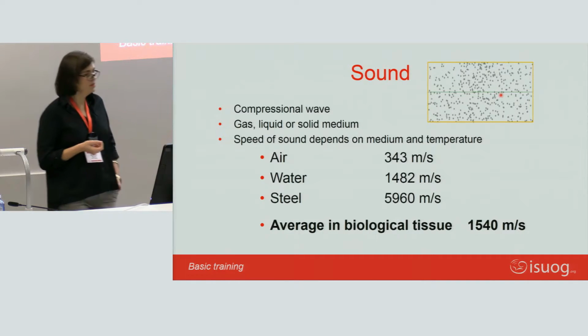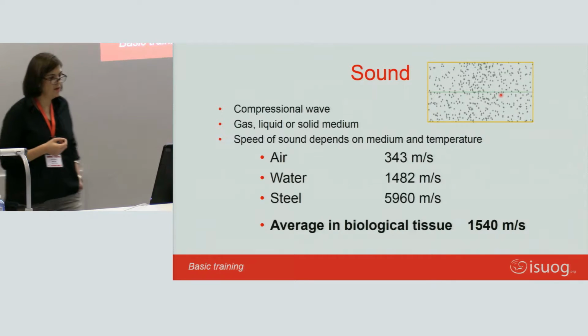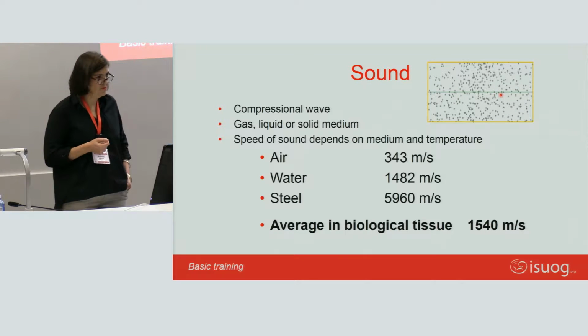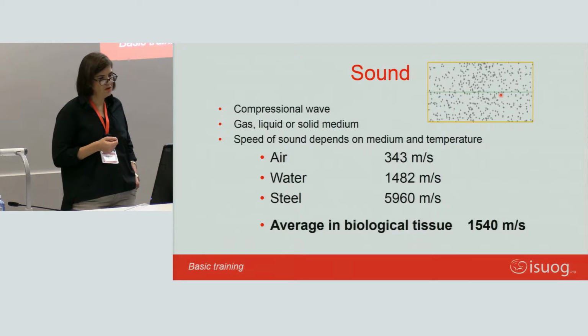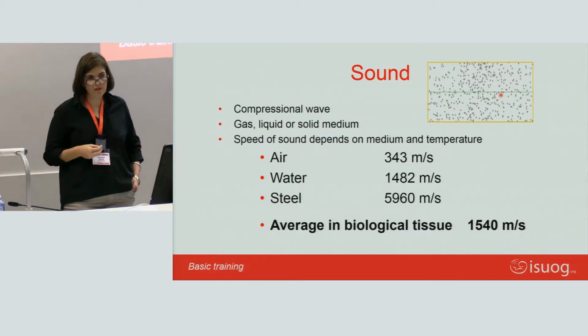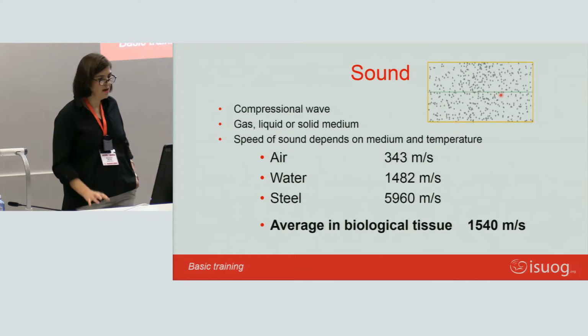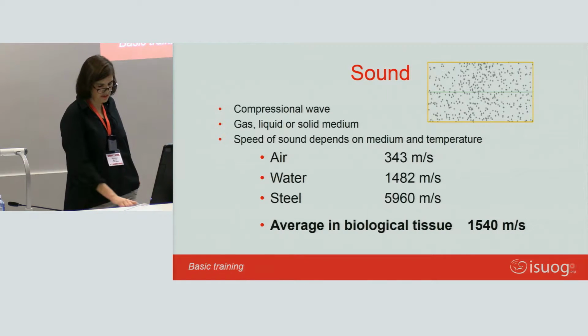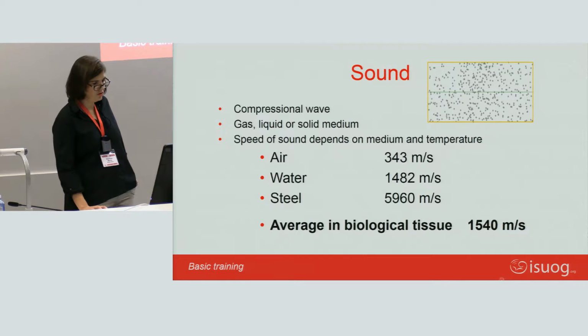So sound travels through air at about 343 meters per second, through water at about 1500 meters per second, and so on. And in biological tissue, in other words, the sound passing through our bodies, at about 1540 meters per second. And that is what your ultrasound machine is set to.